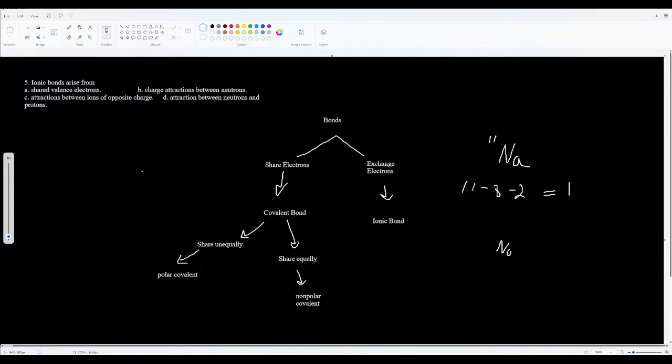By shorthanding, I mean drawing the elemental symbol, Na, and then 1 valence electron, because that's how many it has. I'm ignoring everything else inside. You just do the valence shell and the name. So this is sodium.